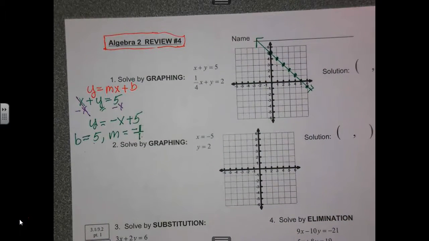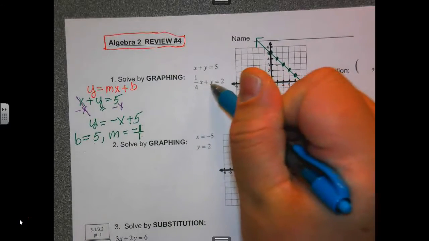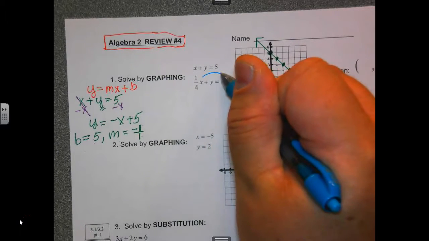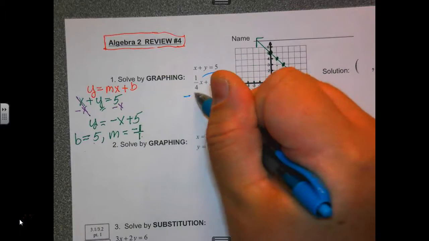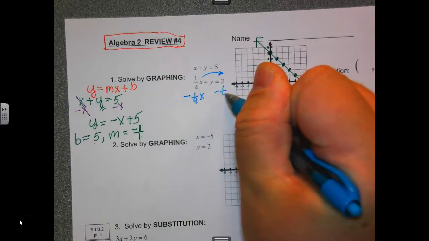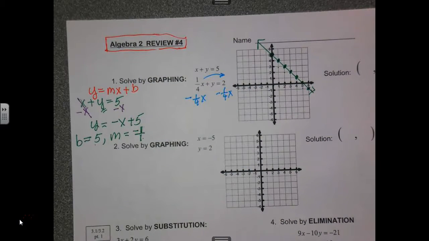Okay, second equation. I have 1/4 x plus y equals 2. I need to get the x term on the other side, so I'm going to subtract 1/4 x from both sides. Is that exciting or what? Right, Zach?